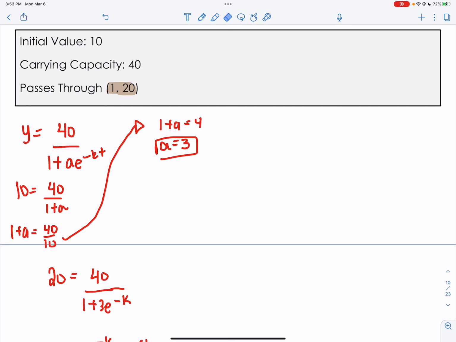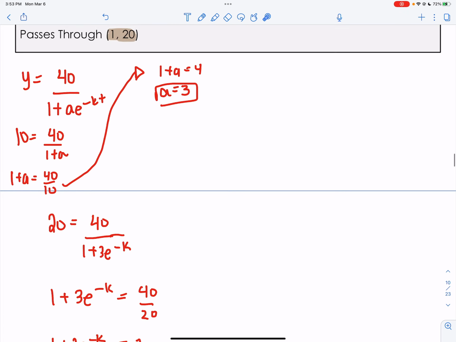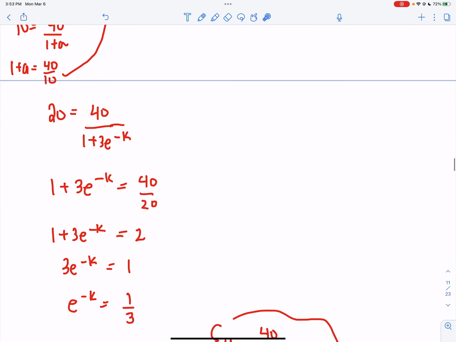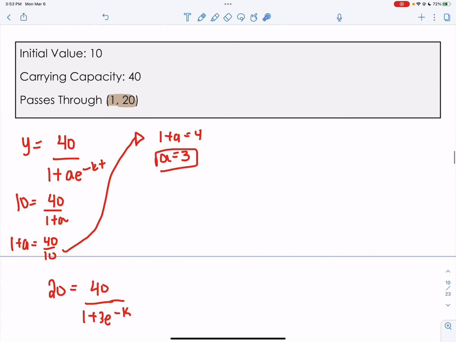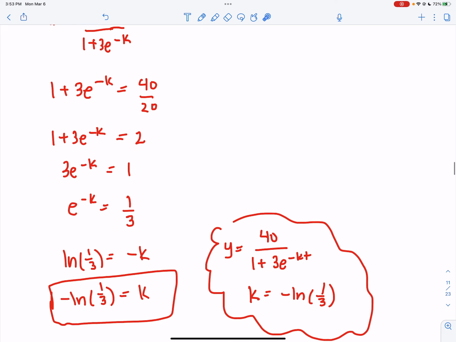And that shouldn't be hard either, because e to the negative kt is going to be 1, and then you're just left with whatever your carrying capacity is over 1 plus A. Once you find A and once you find C, then that's where you find B, or K in this case, by using the point that they give you. Shouldn't be too bad.